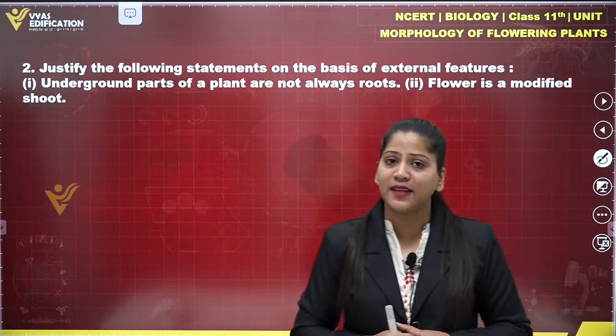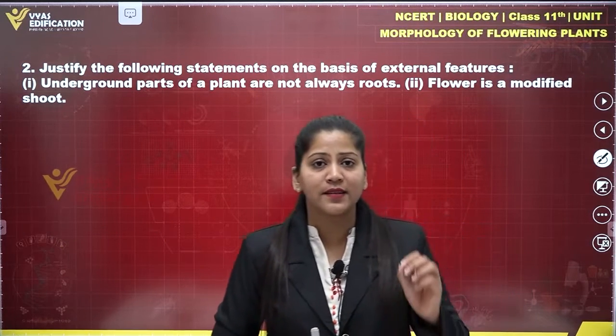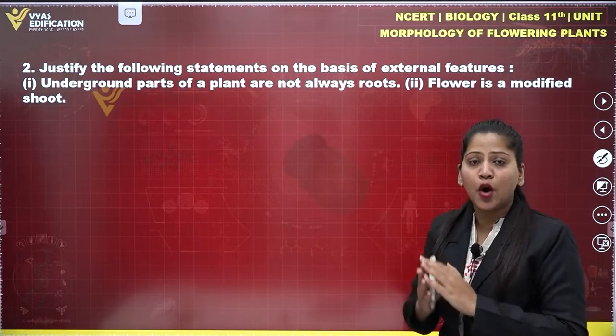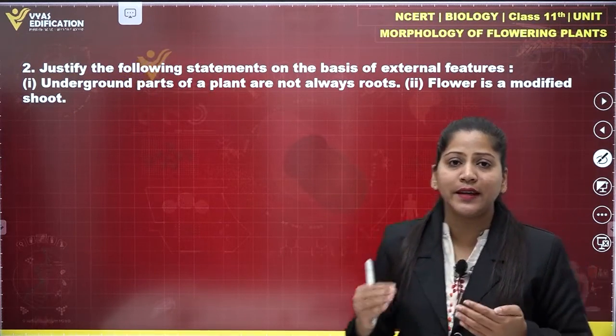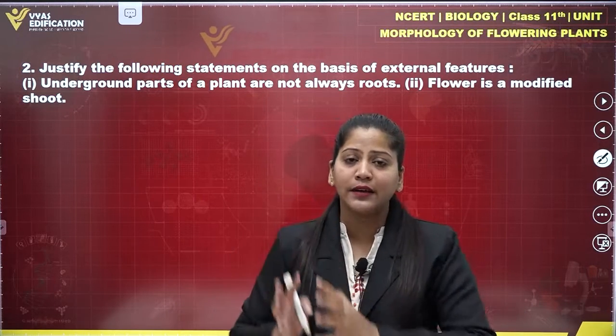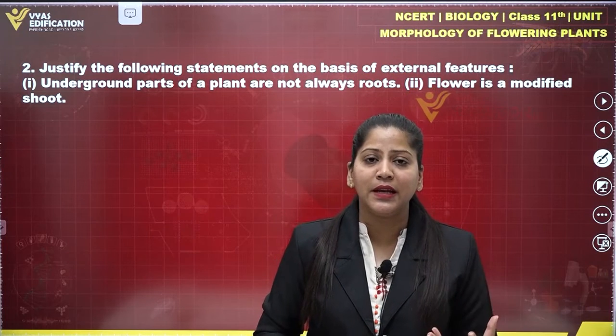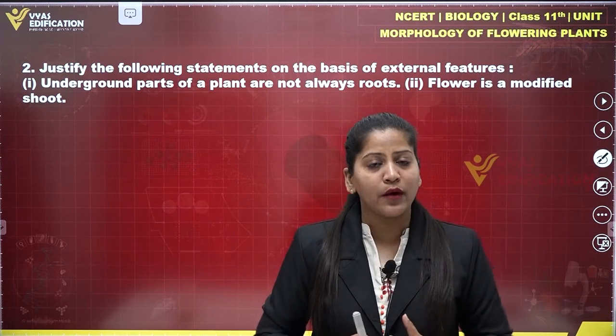If we talk about some examples to justify statement number 1, that underground parts of a plant are not always root. It is not necessary that the underground part of a plant is always root. It can be stem, leaf, or flower as well.